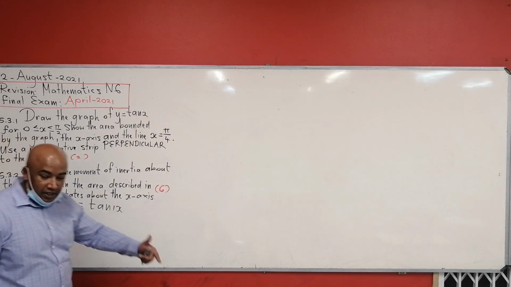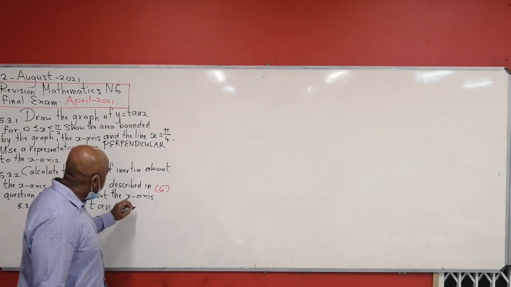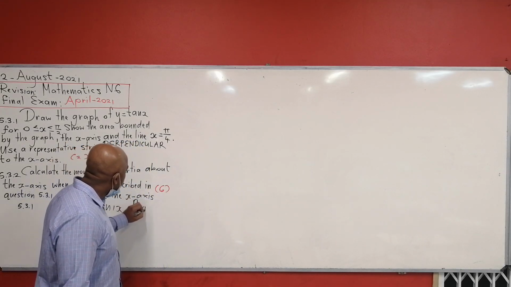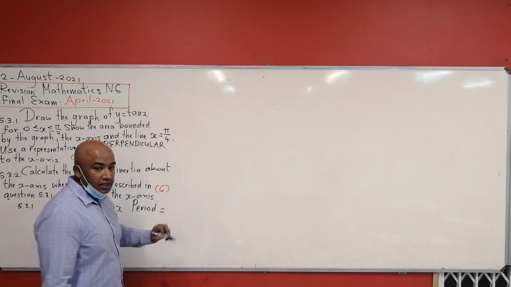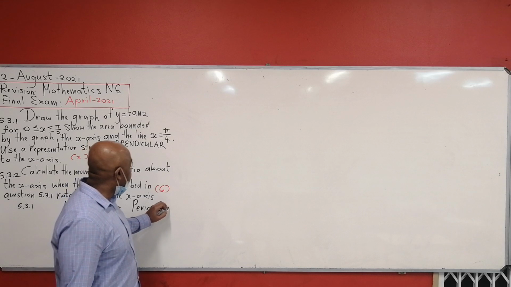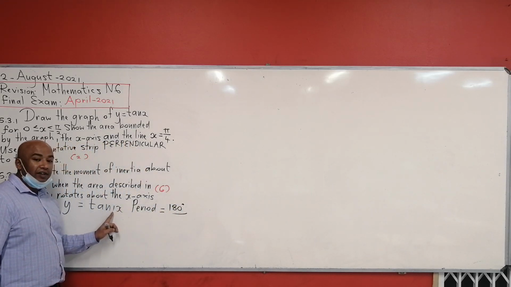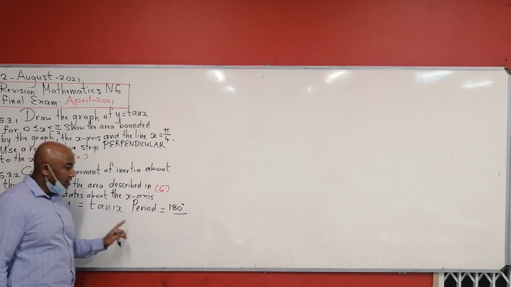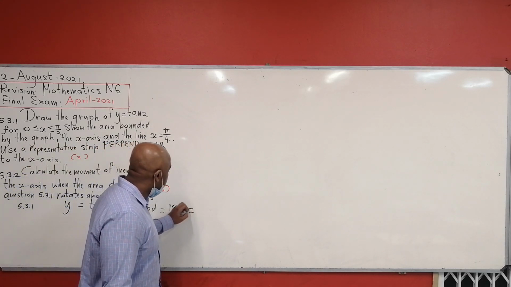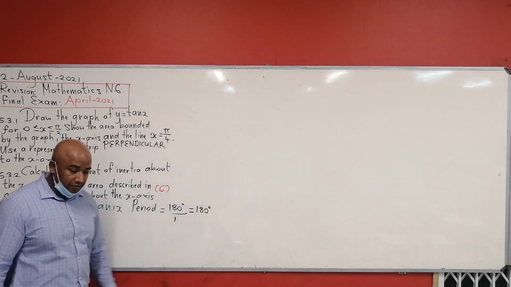So when we're sketching our tan graph, we need to work out the period first. The period is the distance in degrees of one full cycle. So the period for the tan graph is always 180 degrees divided by the coefficient of x, which is 1. And 180 divided by 1 is 180.